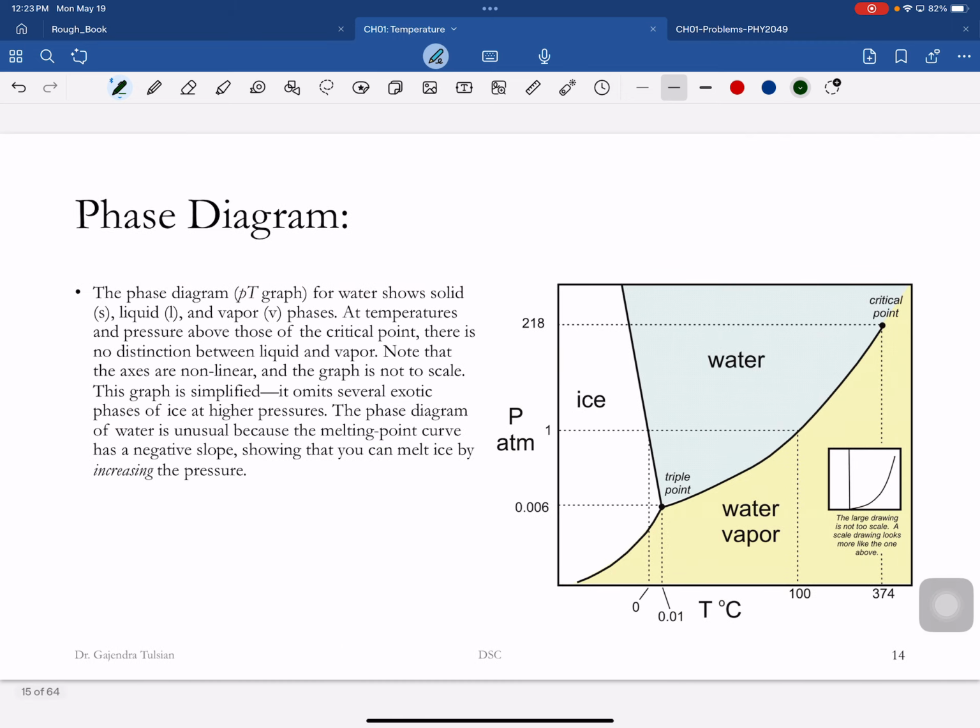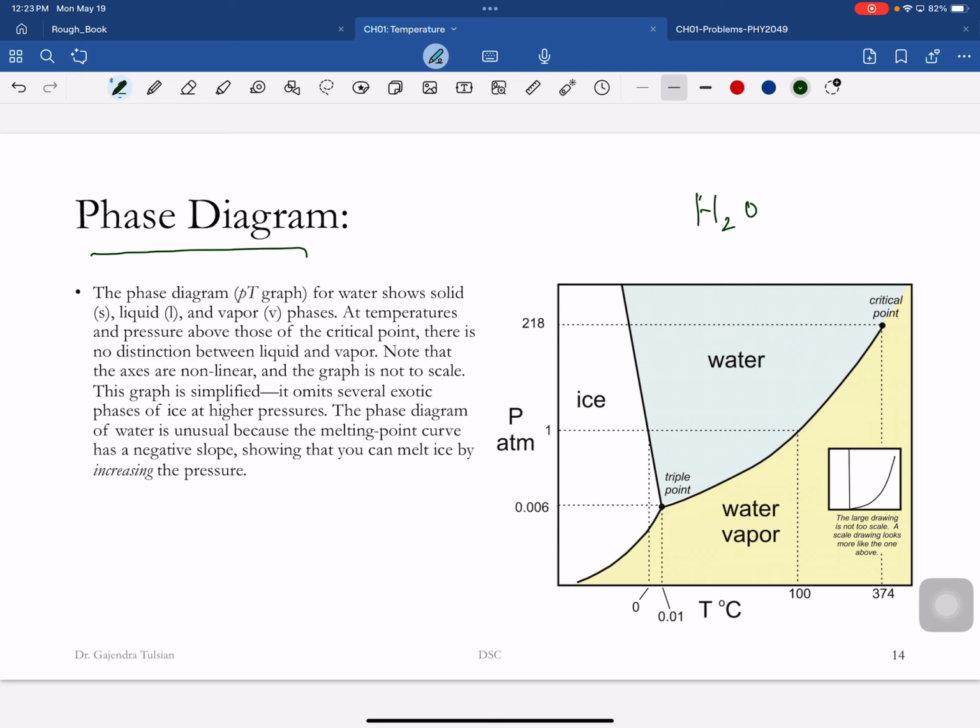And this graph, this is a phase diagram for H2O. So let's understand phase diagrams. This is a very important thing. What is a phase diagram? It shows the phase of matter given a certain temperature and pressure. Right. Very good.